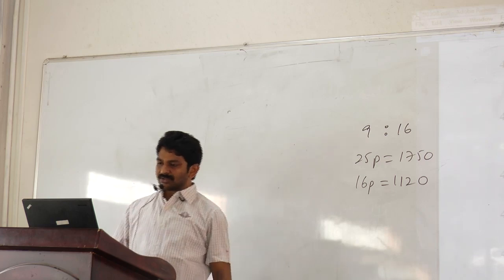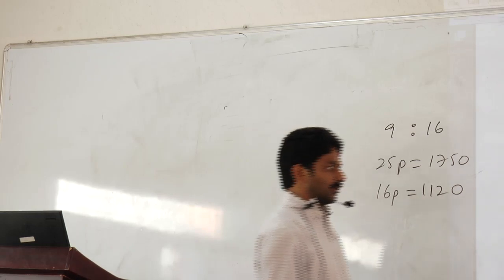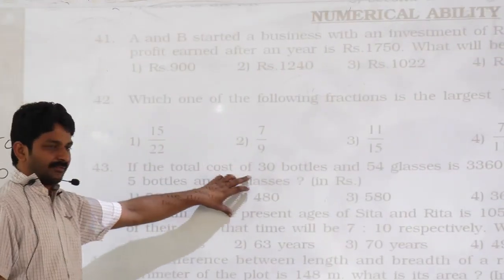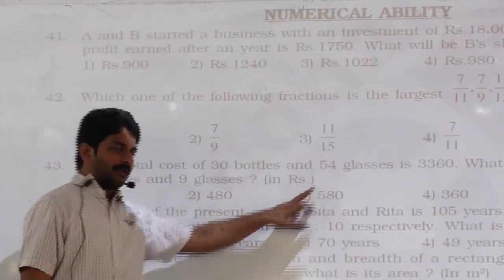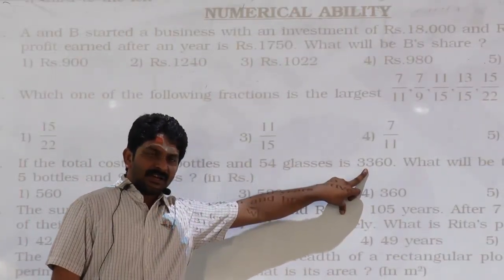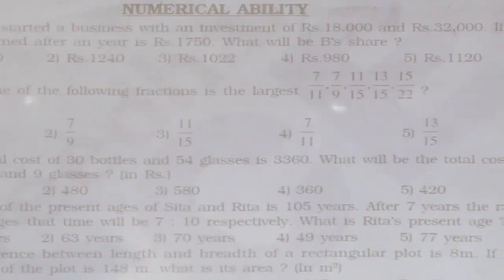What will be the total cost of 5 tables and 9 glasses? This is an equal proportionate decrease. 30 becomes 5, divided by 6. 54 divided by 6, 9. The answer should be 3,360 divided by 6. How much is that? 560.